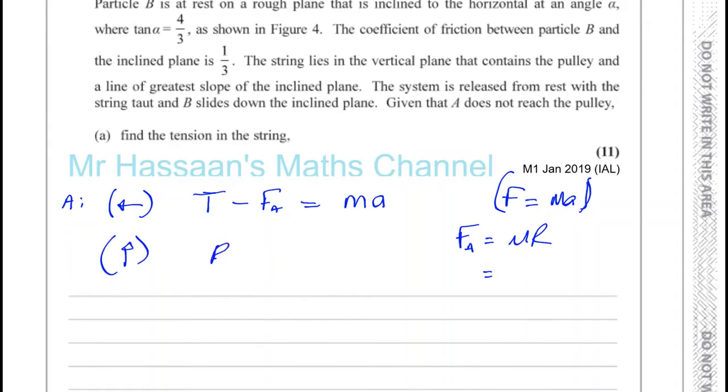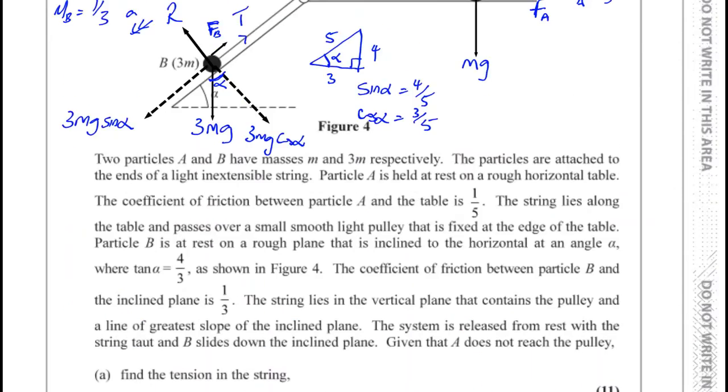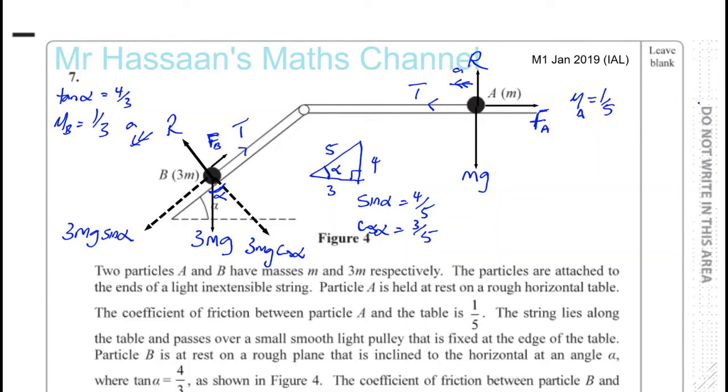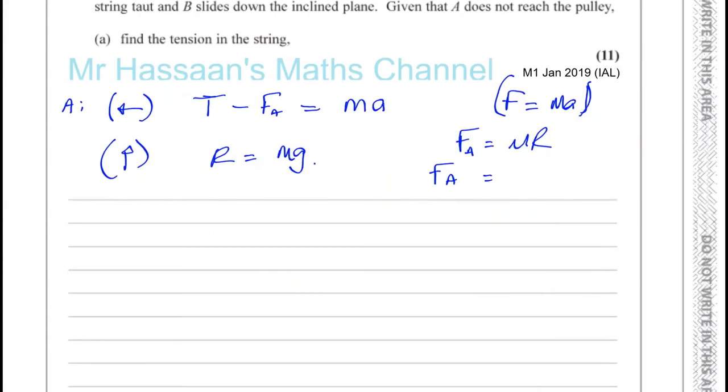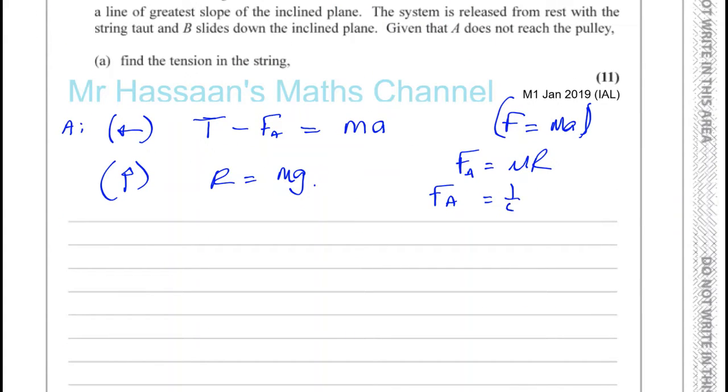So the friction force acting on A is mu times R. The coefficient of friction for the surface where A is on is 1/5, so it's 1/5 times mg. The frictional force at A is 1/5 mg.